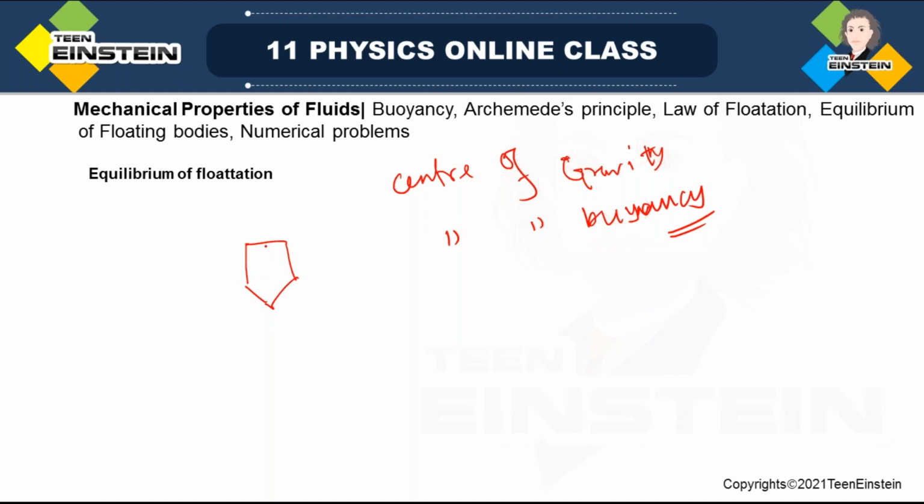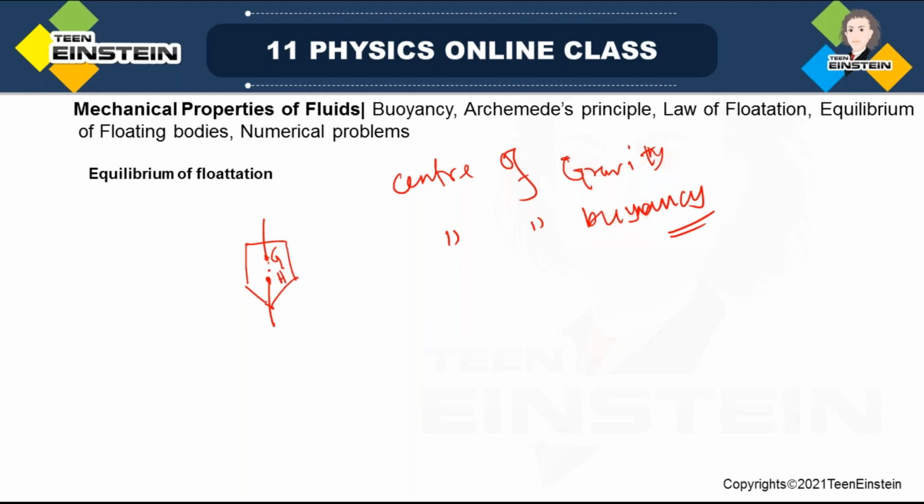This object while floating will be floating if the center of gravity and the center of displaced water, these two become equal. Okay, so the center of gravity, let us say G, and the center of buoyancy, H.